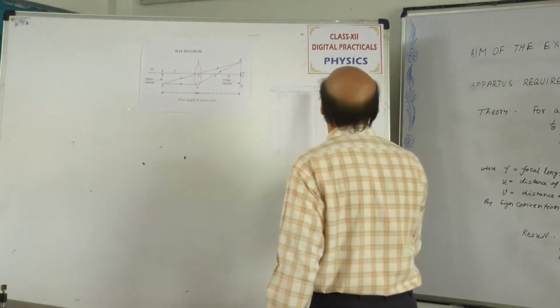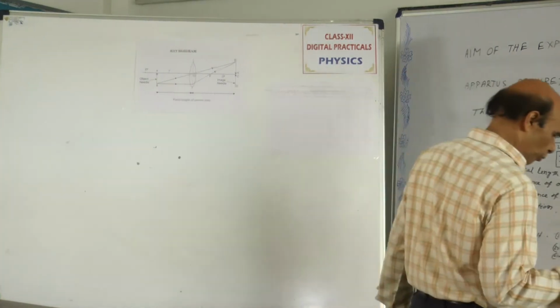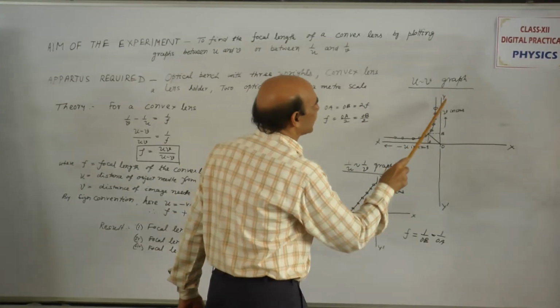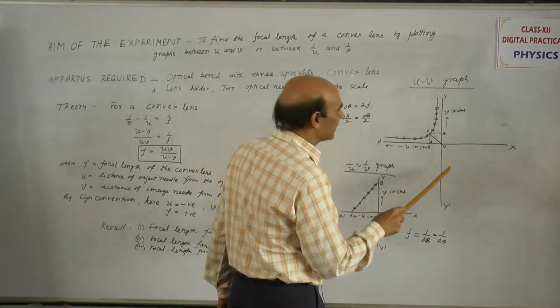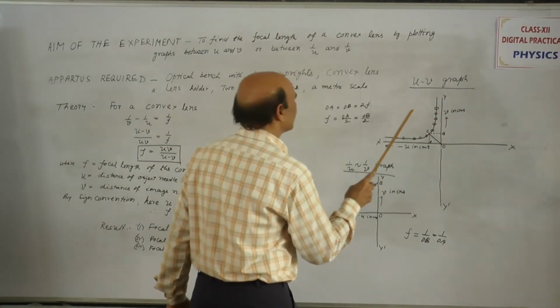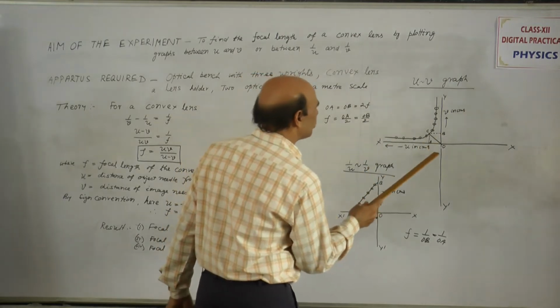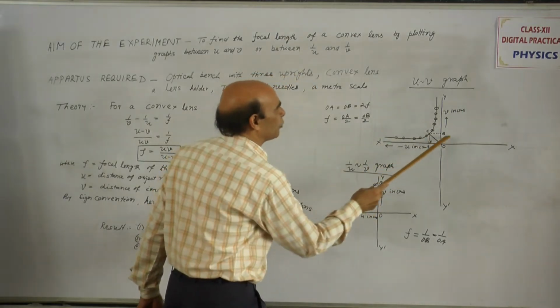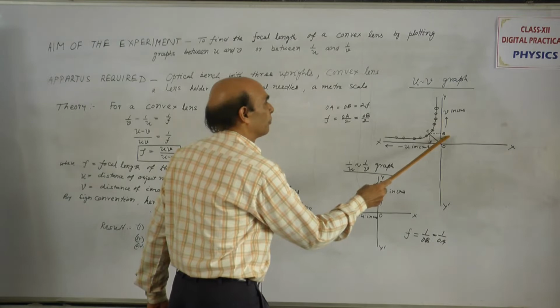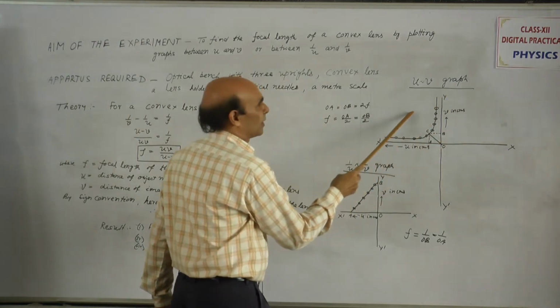Now, taking this u and v, if we plot a graph, the nature of the graph will be like this, and it will be in this quadrant. Here u is negative and v is positive, so this quadrant will be covered.